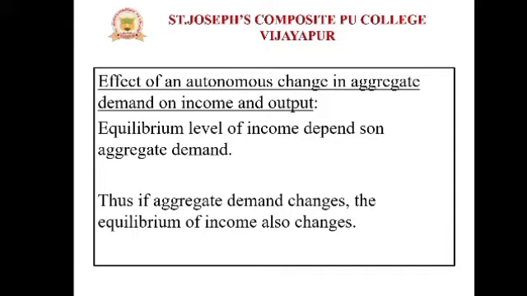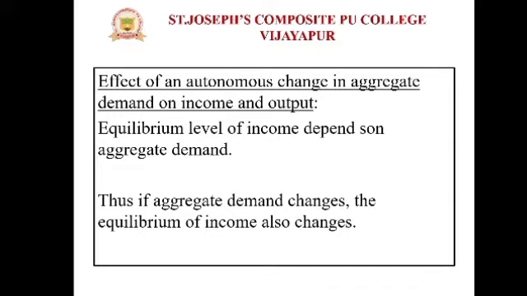Now we'll discuss the effect of an autonomous change in aggregate demand on income and output. That means, what is the effect of an autonomous change in aggregate demand on income and output? Dear students, the equilibrium level of income depends on aggregate demand.